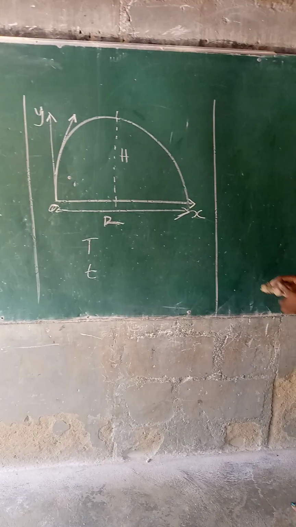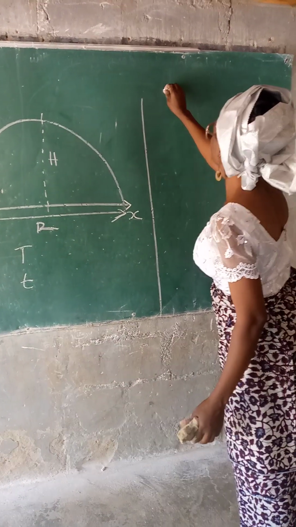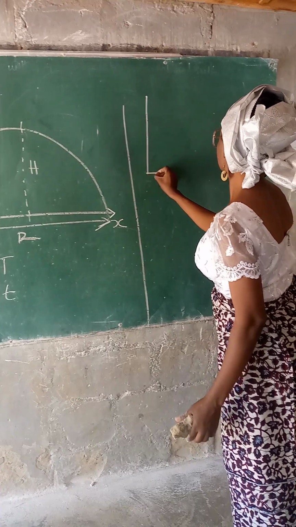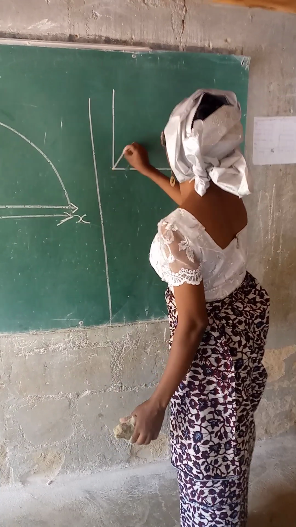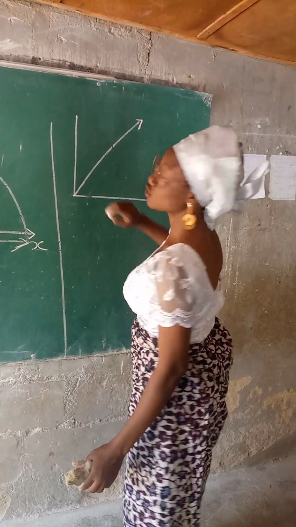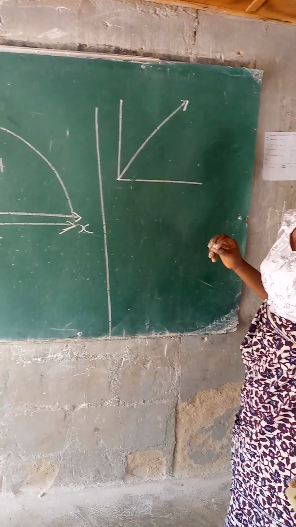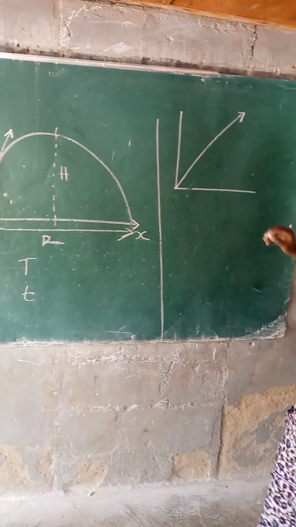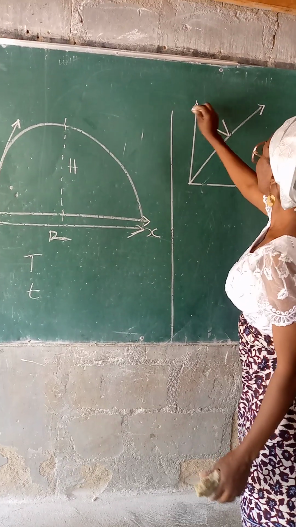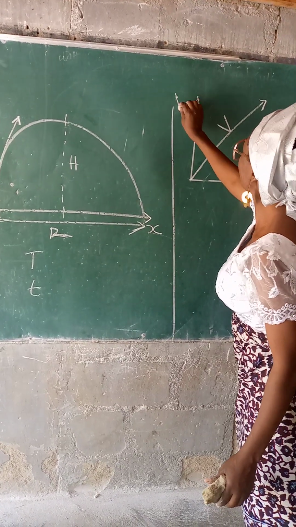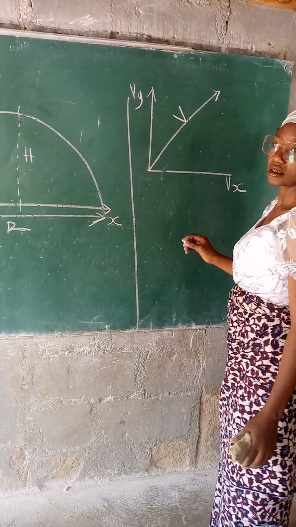Now, after projection, the projectile's motion is taken in this form. When it is upward, there are two velocities involved, but the resultant velocity is V. We have this as Vy, and this one as Vx.